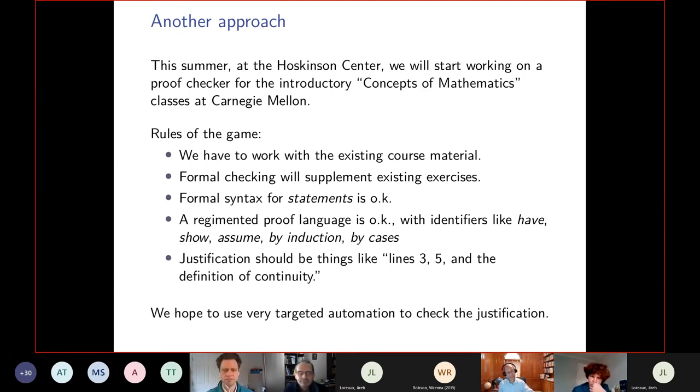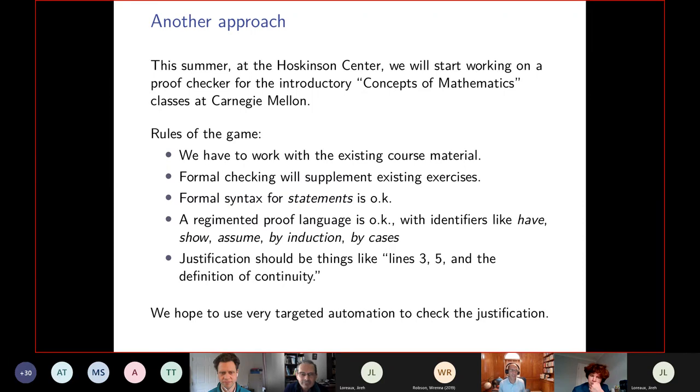So you can, for example, give students an exercise. We say, well, write an informal pen and paper proof of this fact, but also write a formal one and have it checked right away and get feedback right away. And the game is, we think it's okay to give them formal syntax for statements, like tell them you have to write "continuous f" when you mean "f is continuous." We can give them a regimented proof language. You have commands like you can say have, you can say show, you can say assume, and so on.